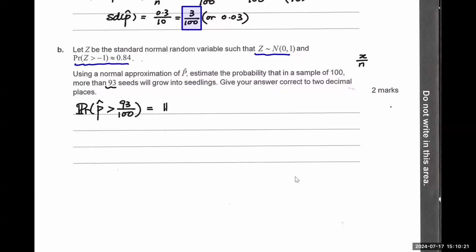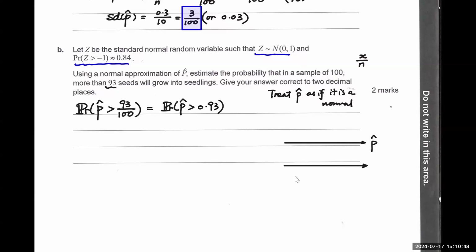And that is like probability of p hat greater than 0.93 whatsoever. Now, if we treat p hat as if it's a normal distribution, under the normal curve, let's write the p hat here.